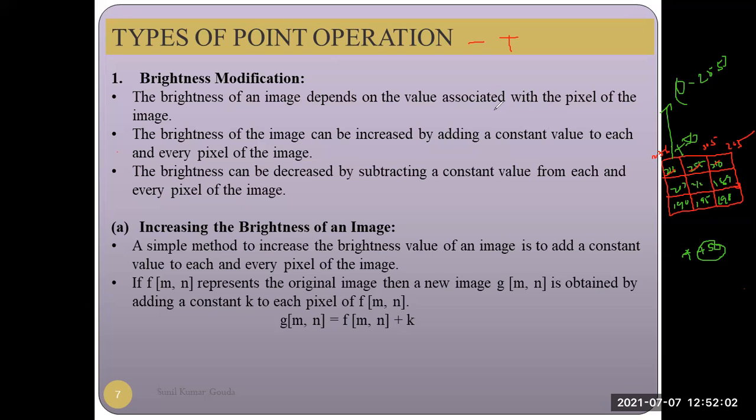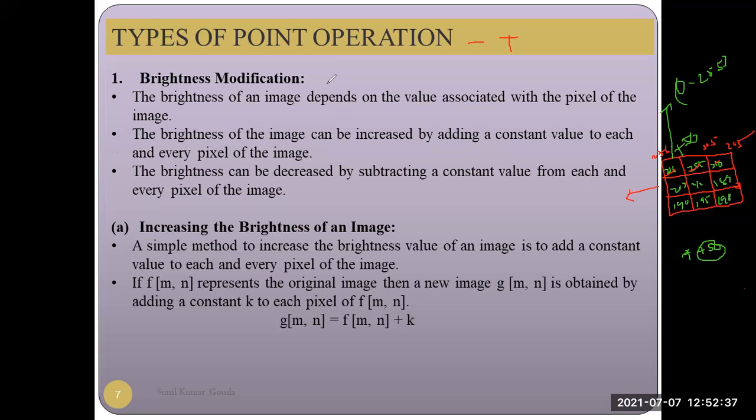Now when we are adding, we are increasing the brightness of the image. The brightness of the image can be increased by adding a constant value to each and every pixel of the image. Similarly, the brightness can be decreased by subtracting a constant value from each and every pixel of the image.